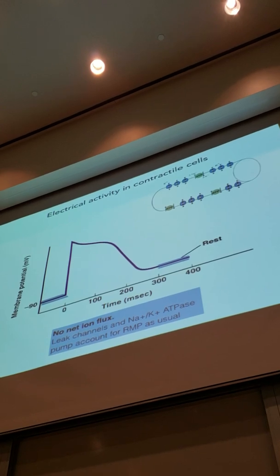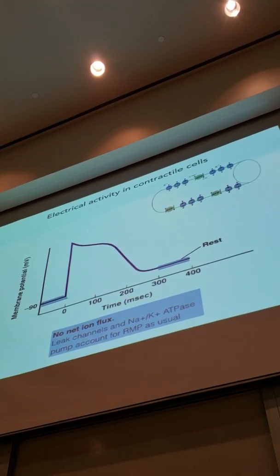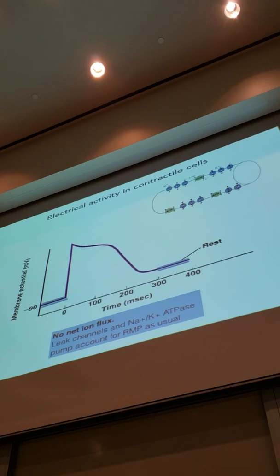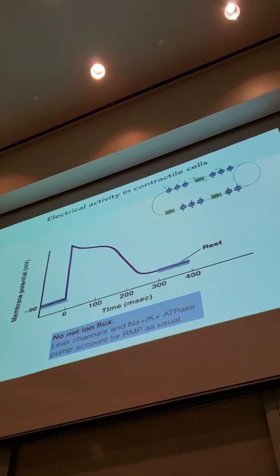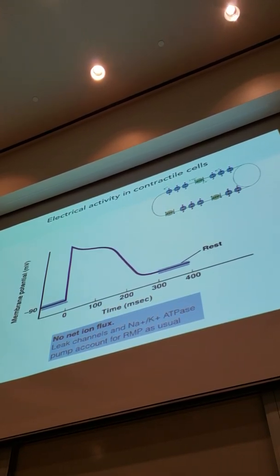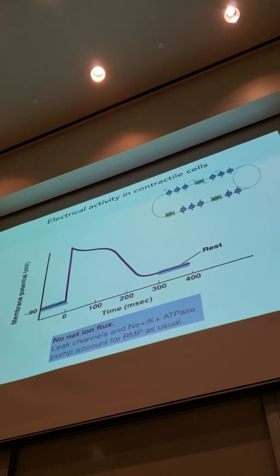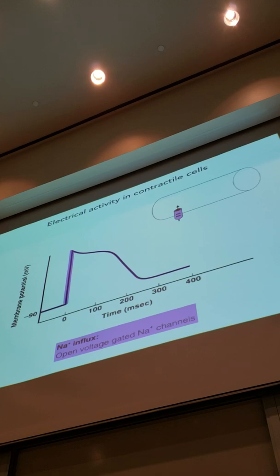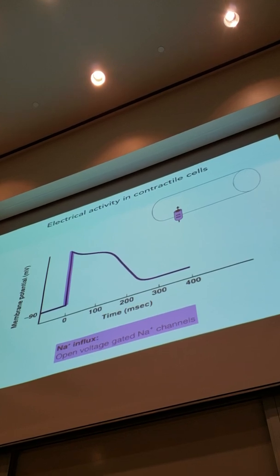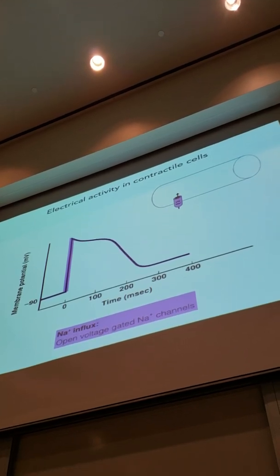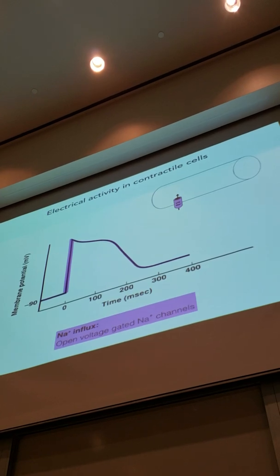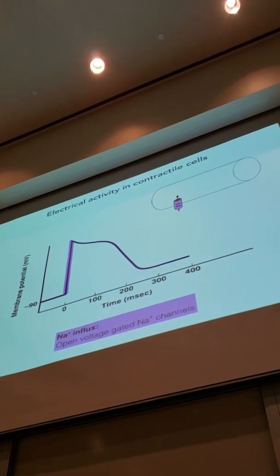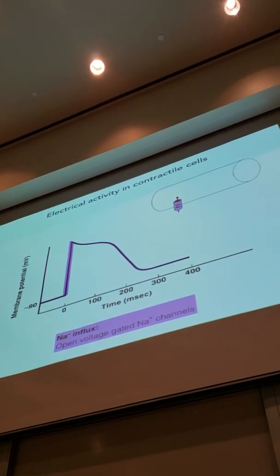We've got our potassium leak channels. So the very first thing that happens in the cycle of contractile cell activity is that we get a very typical type of action potential response that we'd see in a neuron or a skeletal muscle cell. And that is we have the opening of voltage-gated sodium channels.